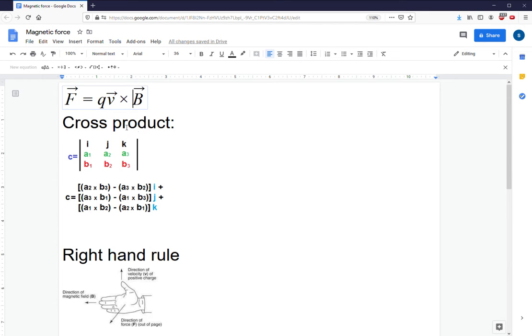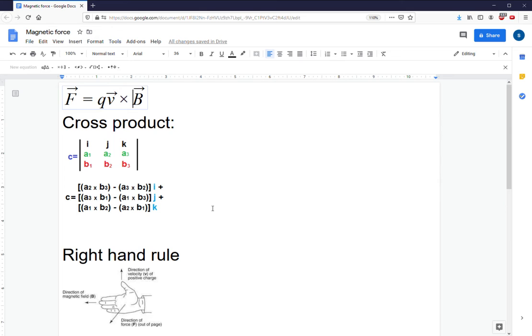Put them in a matrix like this, with the I hat, J hat, and K hat forming the top row, and the determinant of that matrix is the cross product. Written out more expansively, the J component of A times the K component of B minus the K component of A times the J component of B is the I hat component of the result, etc.